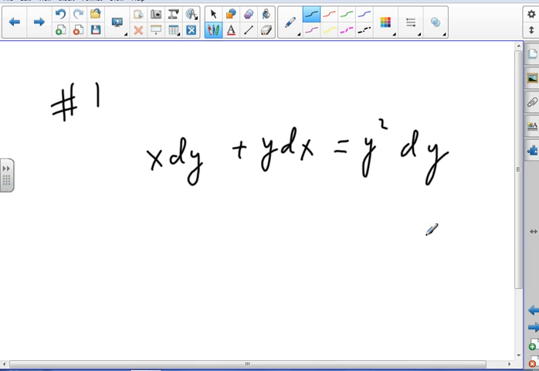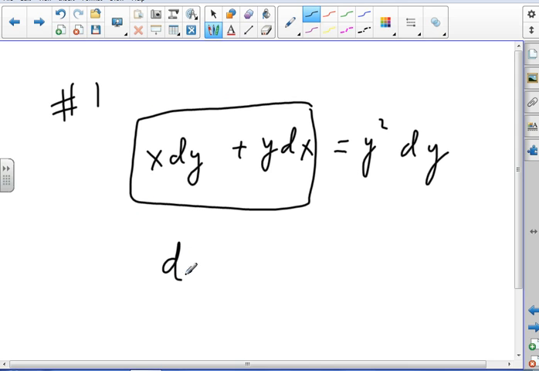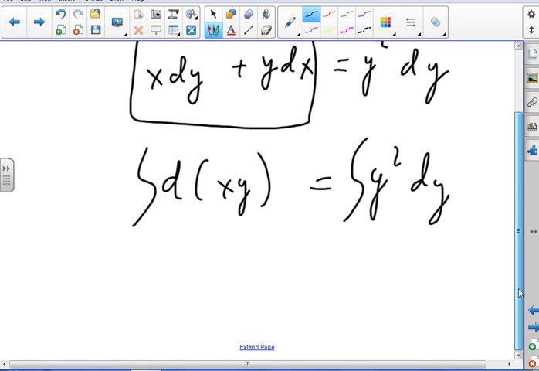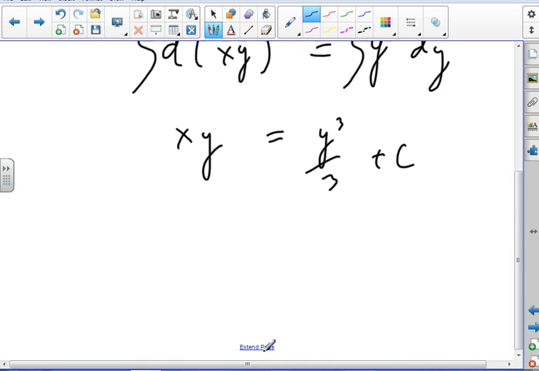Oh, yeah. Okay, that's fine. So this guy on this side is dxy. So I can write dxy is y squared dy. I can integrate both sides of the equation, and I can get xy is equal to y cubed over 3 plus c. And at that point, I'm done.